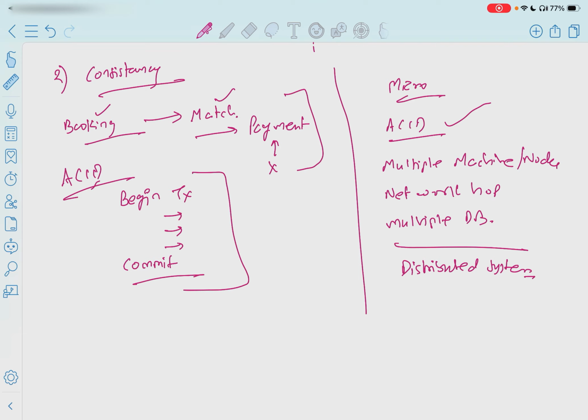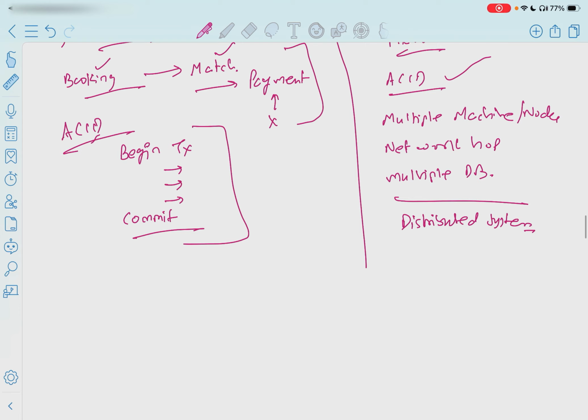So can we use two-phase commit here? Maybe some of you will answer that we should go and use two-phase commit. But I will strongly deny this. We should never use two-phase commit in distributed architecture.